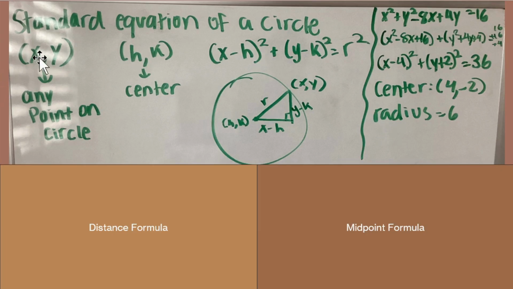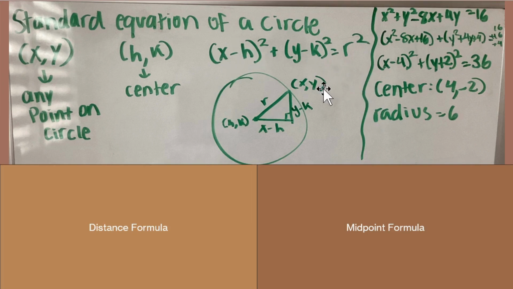So basically, if you take any point in the circle, subtract it to this, what does that give you? It gives you probably something along that line, and then it tells you what this is, and the other one tells you what this is, and then you find out the radius, and when you square root that, you get what the radius is.